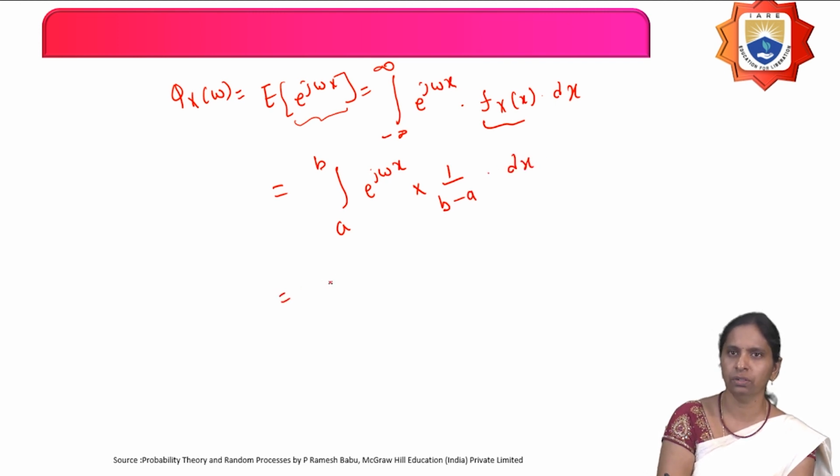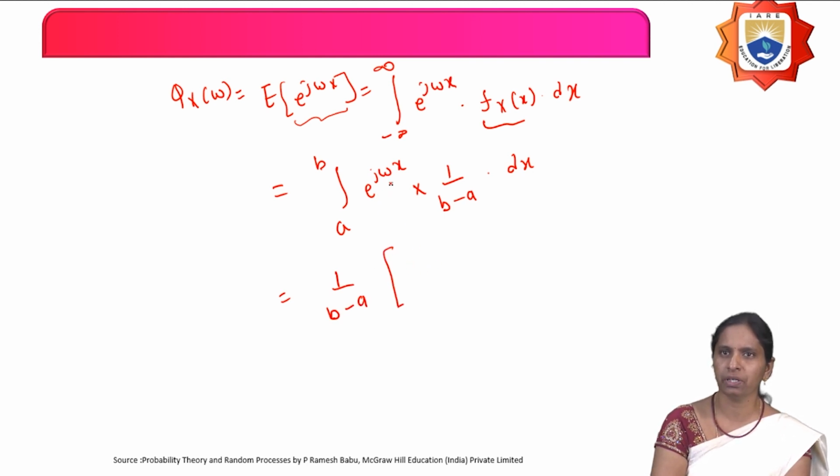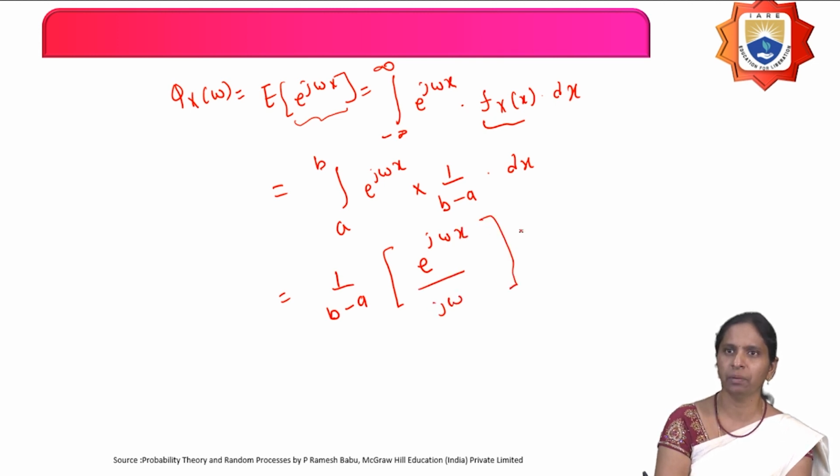That equals 1 by b minus a into the integration of e power j omega x with respect to x, which is e power j omega x by j omega. And the limits of x here are from a to b.